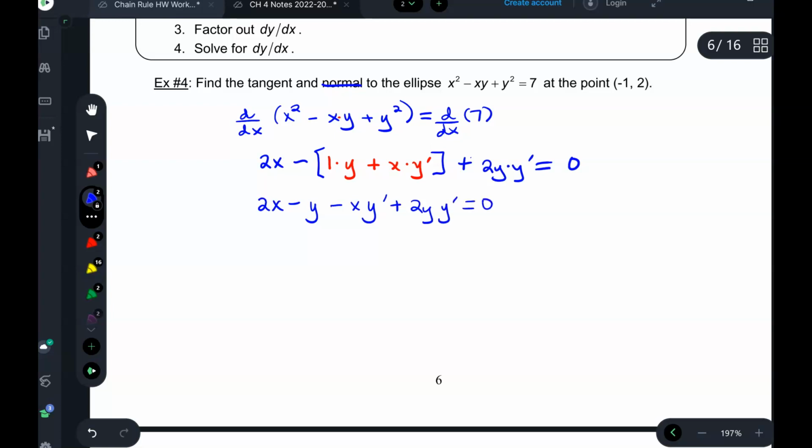Okay. So same thing, right? Since I have multiple y primes, I'm going to try to isolate those and move everything to the other side. Does it matter which way? It really doesn't make any difference, however you want to.